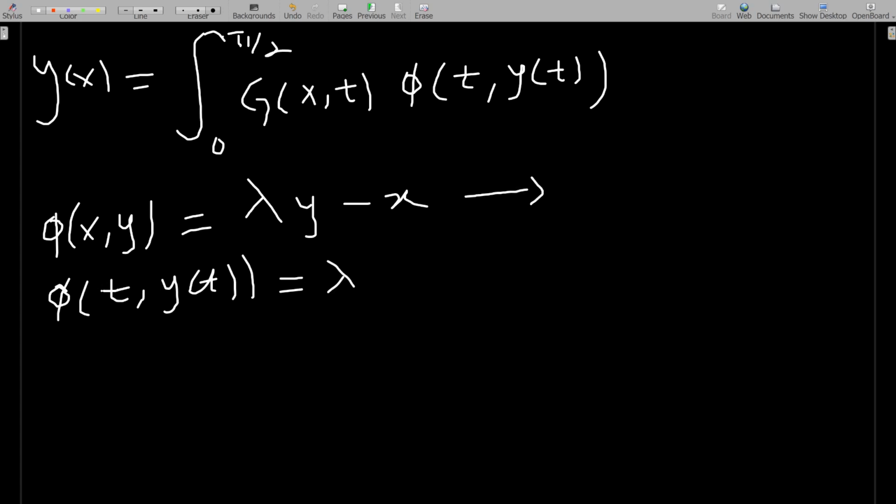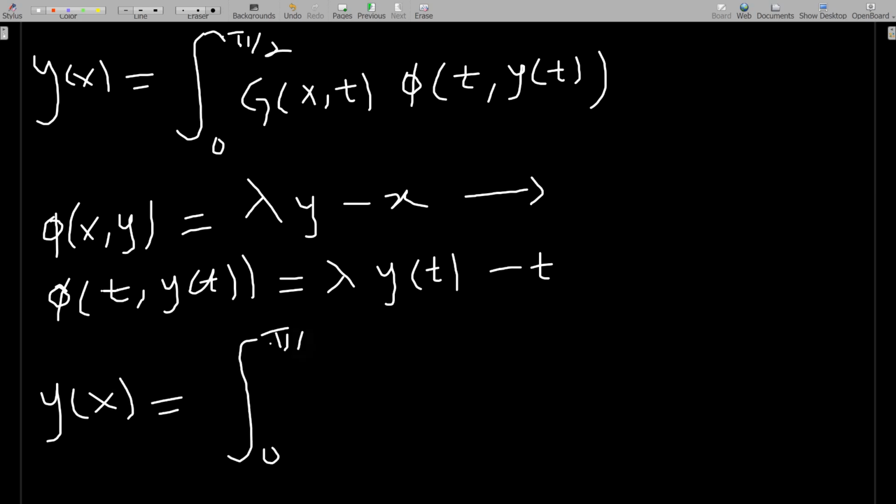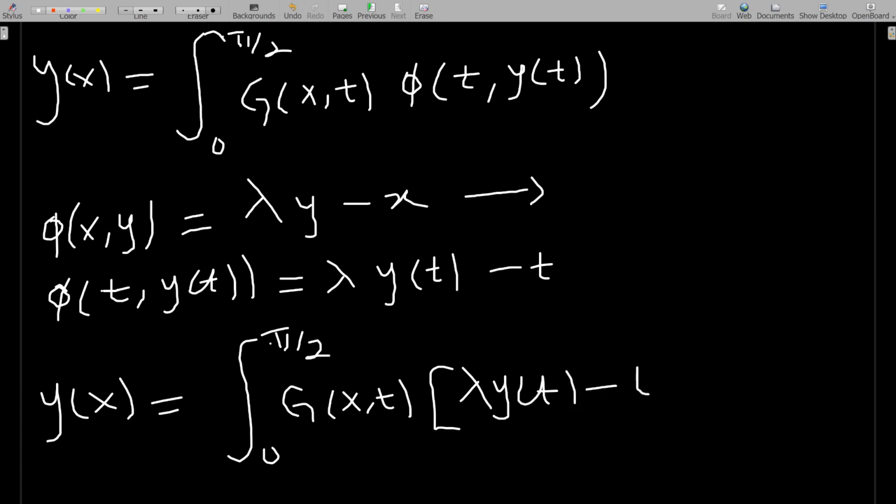So I have lambda, then y is a function of x, so it becomes y of t, and minus t, like that. Then we come back and put this in the equation, and say that the FIE is given by this integral from 0 to pi on 2 of g of x,t, then phi of t, y of t, which is lambda y of t minus t, then dt. Sorry, there's supposed to be a dt here. So this is the formula you should know.